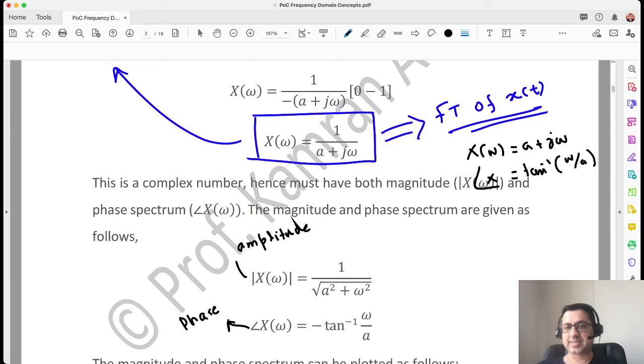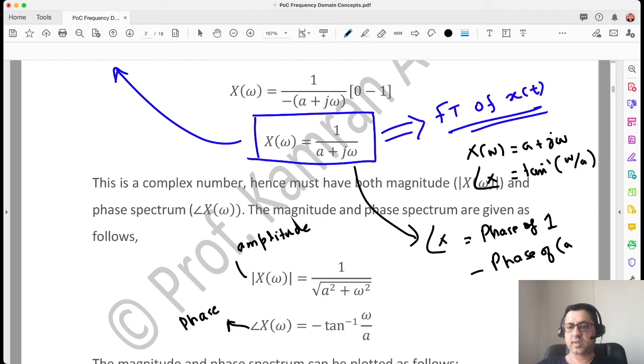But now because it is in the denominator, in this case the phase will be phase of 1 minus phase of a plus j omega. Now phase of 1 is 0, minus phase of a plus j omega, which is tan inverse of omega over a, so it is negative tan inverse of omega over a.